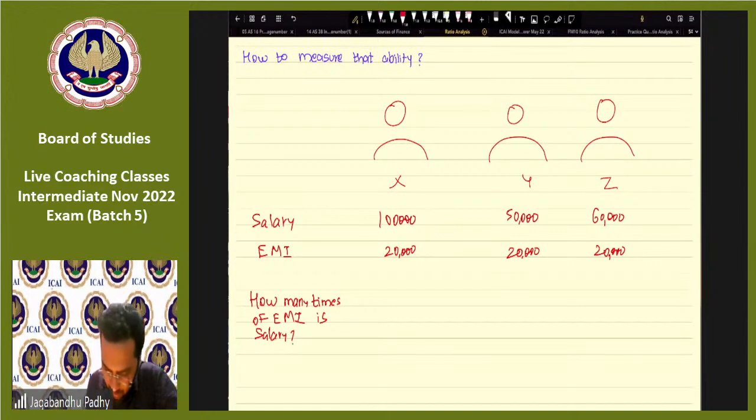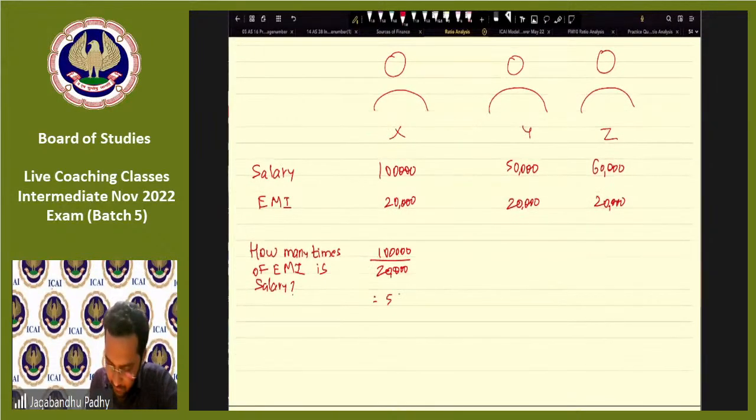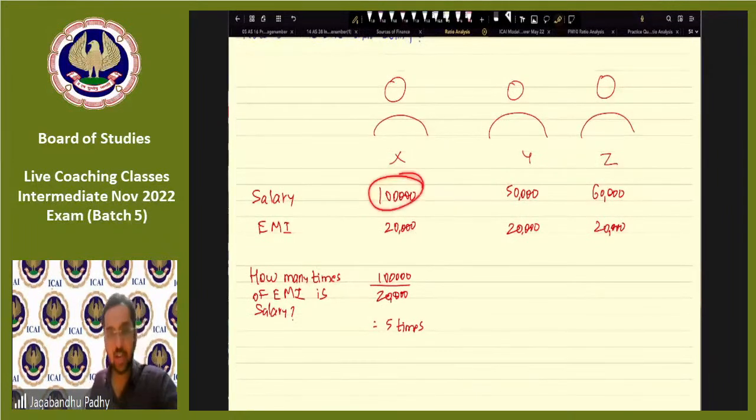In the first case, the salary is 1 lakh, EMI is 20,000. We say it is 5 times. It means whatever is your income, that is 5 times of the outflow of funds that you are looking at, that is your EMI. So 1 lakh divided by 20,000, which is 5 times.